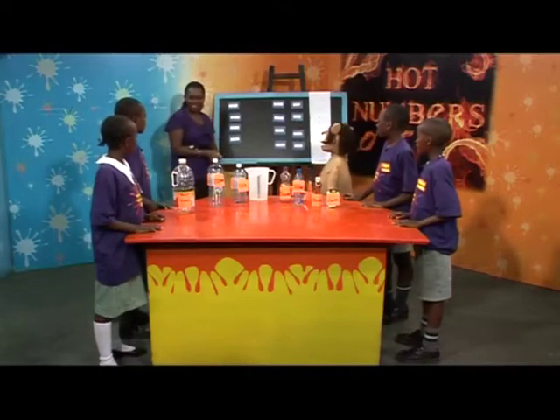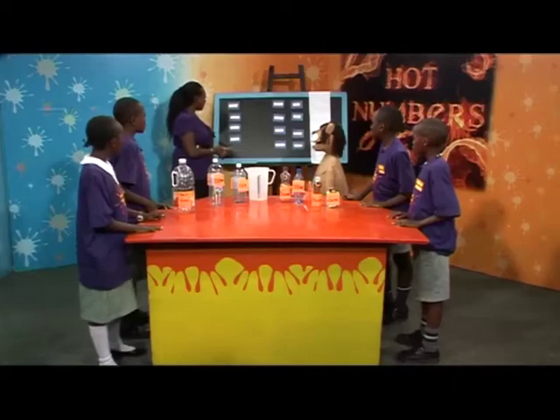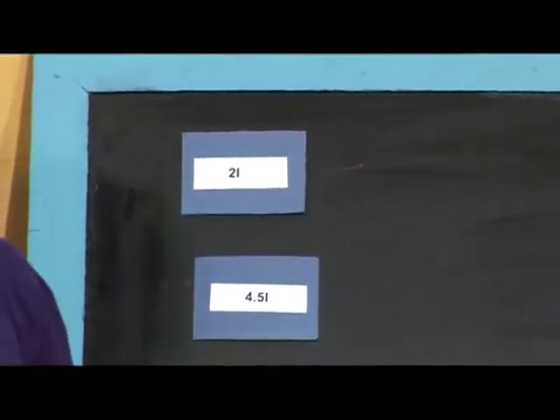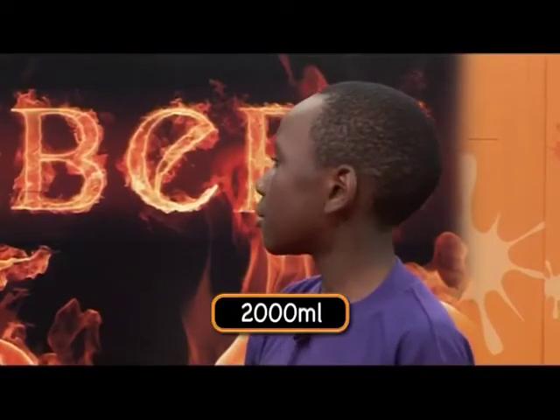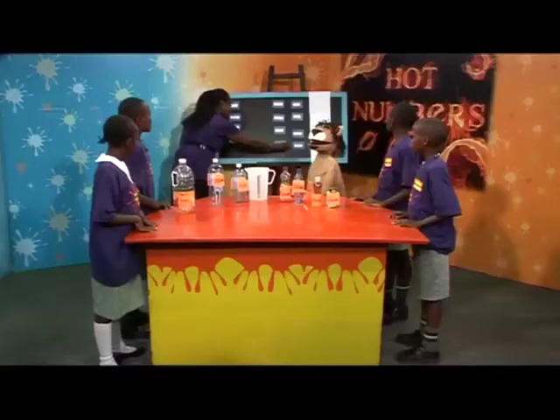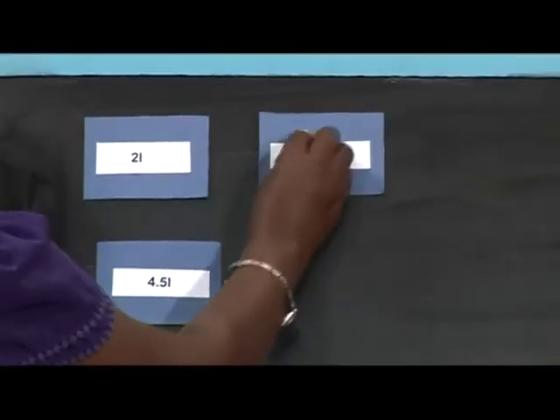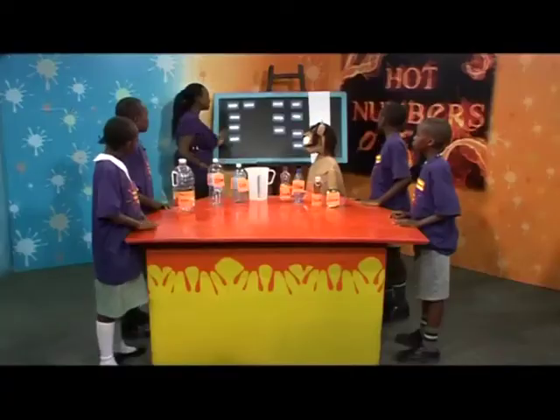Now, we will try a few examples, and make sure you join in at home. Now, how many milliliters are there in 2 liters? Yes, Maure? 2,000 milliliters. Excellent. What about in 4.5 liters?